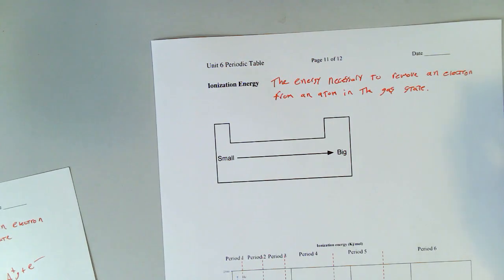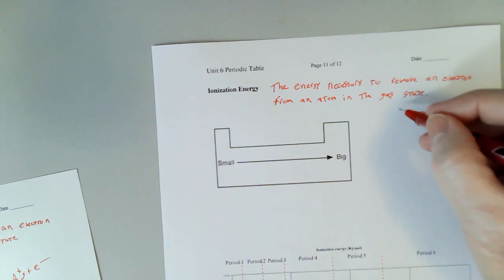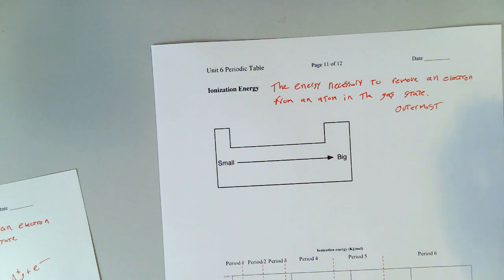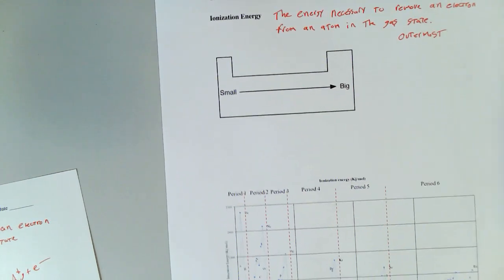Now we always remove the outermost electron, the last one there, the one that's farthest away.